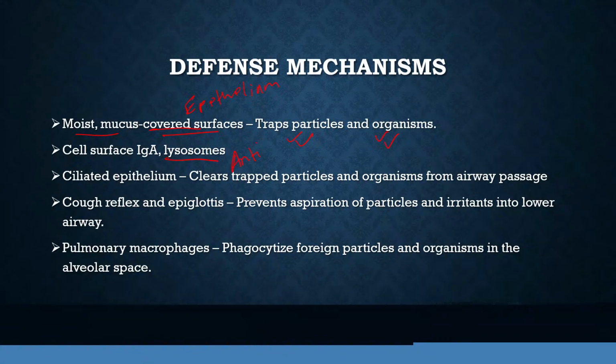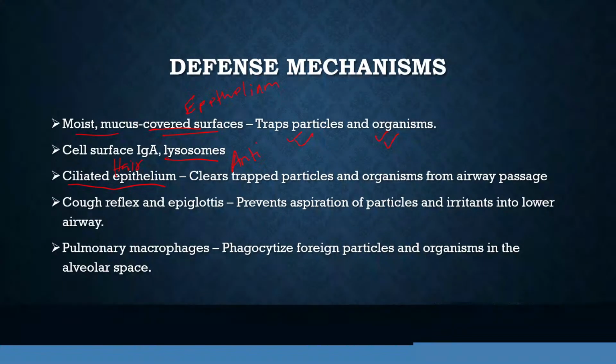And so in the mucus we have lysosomes, and there are cells in the surface of the epithelium that are responsible for producing these antibody lysosomes, which help in fighting infections. And then thirdly, we have ciliated epithelium, the hairs on the topmost.